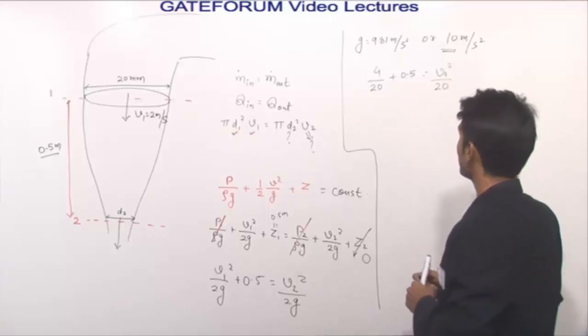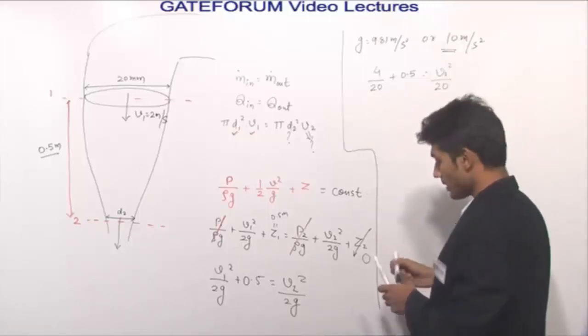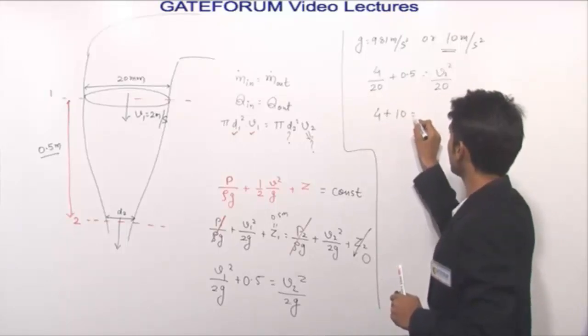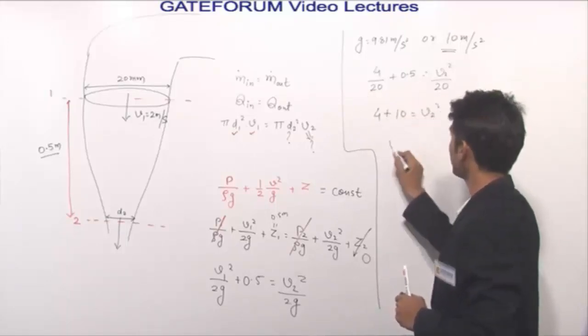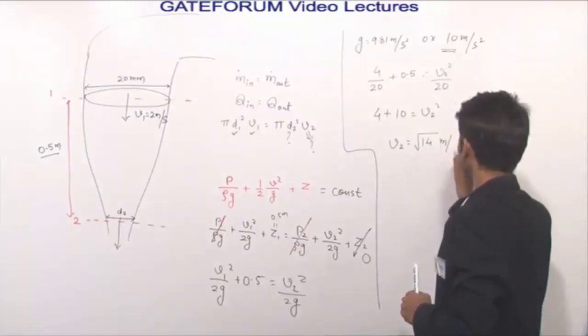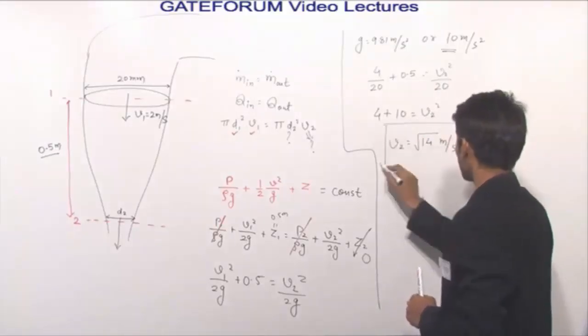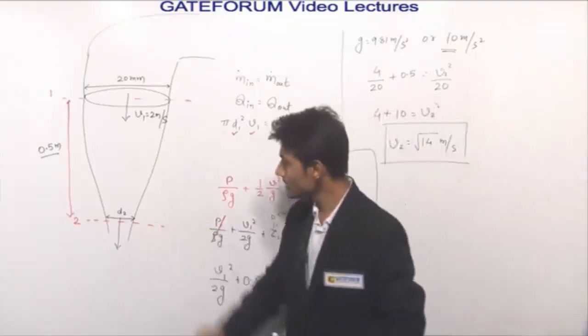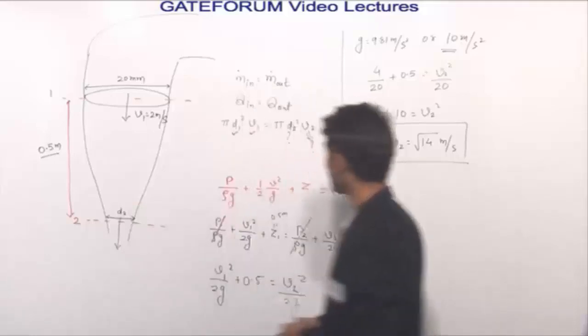From here, if I multiply the whole equation by 20, then 4 plus 10 is equal to V2 square, and V2 is equal to under root of 14 meter per second. That means we have got velocity at this particular point. Now, if velocity is known, then diameter, simple formula.